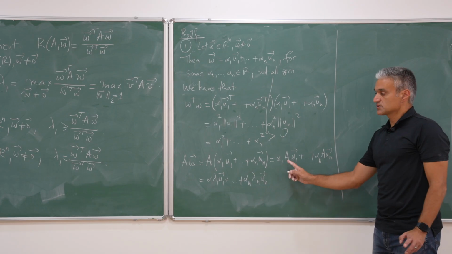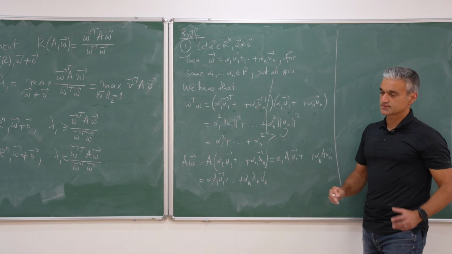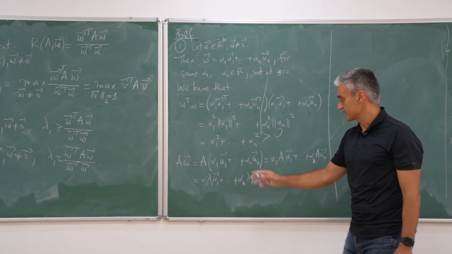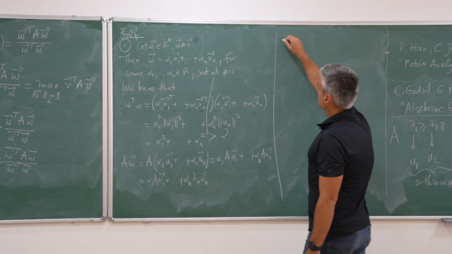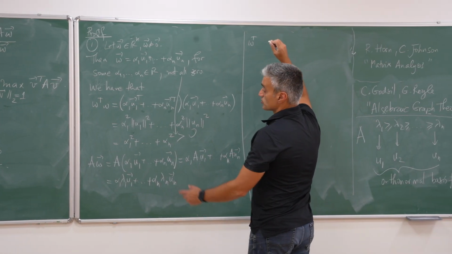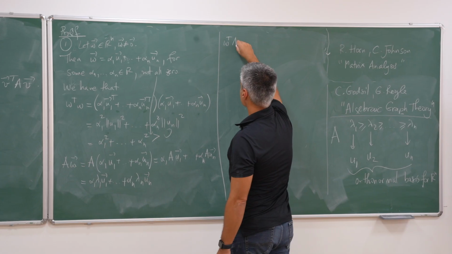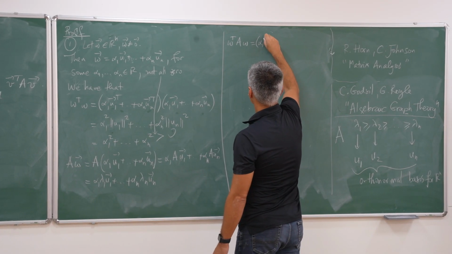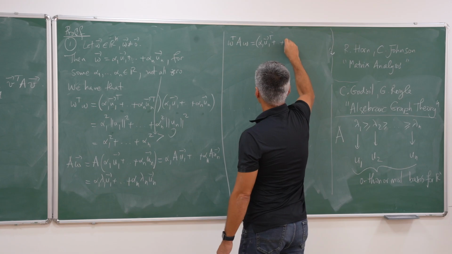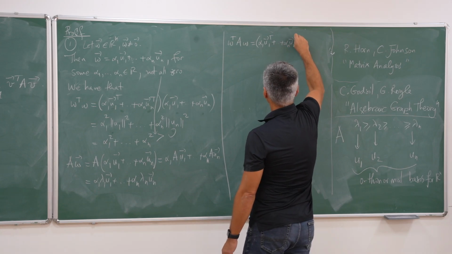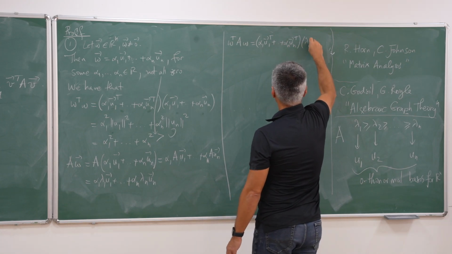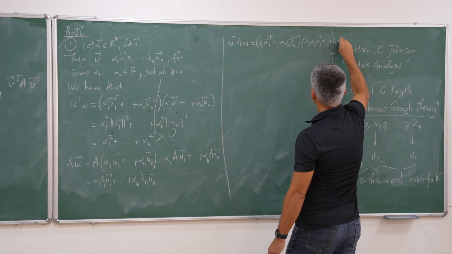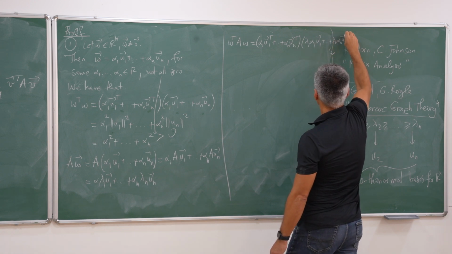So A just scales the vectors by a little bit, and then it behaves nicely when we multiply on the left by W transpose. So you're going to have alpha 1 U1 transpose plus ... plus alpha n Un transpose, times lambda 1 alpha 1 U1 plus ... plus lambda n alpha n Un.